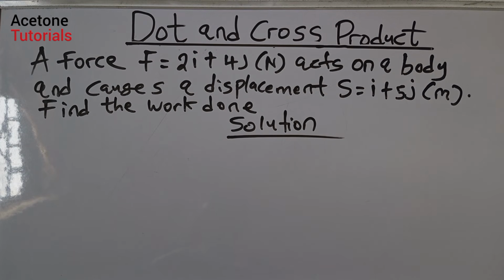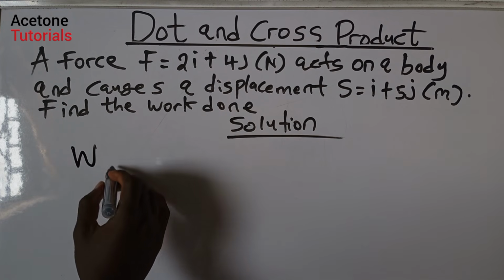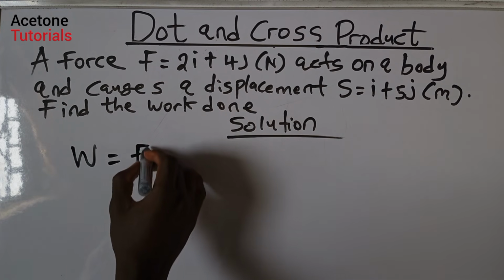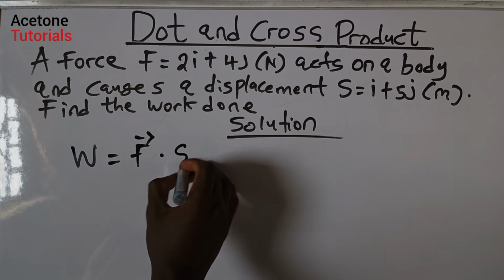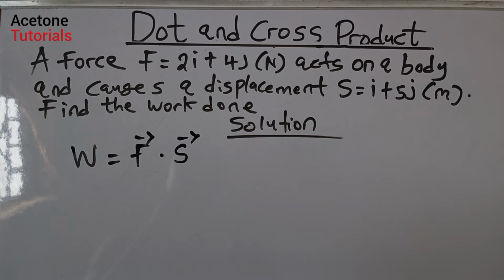Here is another question. If force F equals 2i plus 4j Newton acts on a body and causes a displacement S equals i plus 5j meter, find the work done. So let's do it. We know that work done is the dot product of the force vector and the displacement vector.